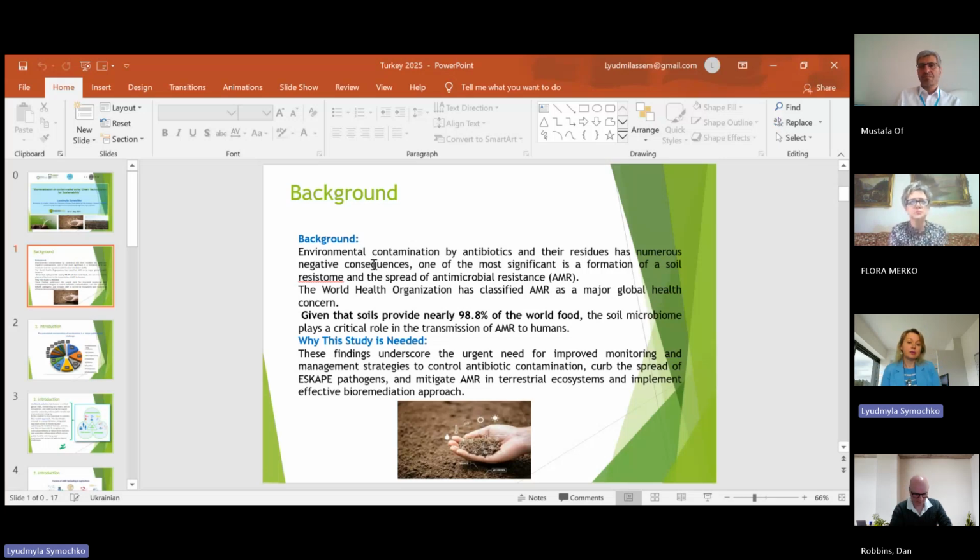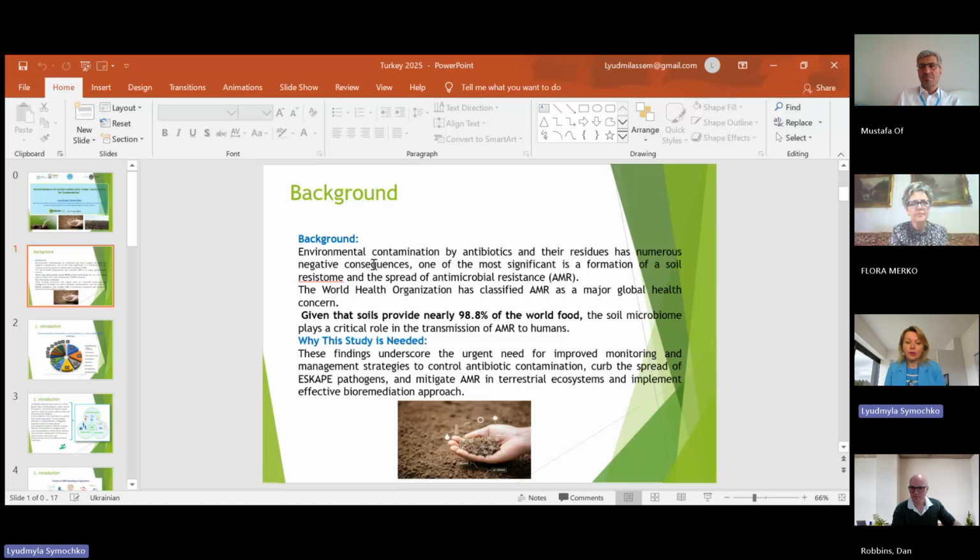And if you consider that soils provide nearly 89% of world food, the soil microbiome plays, of course, a critical role in the transmission of antimicrobial resistance to humans.